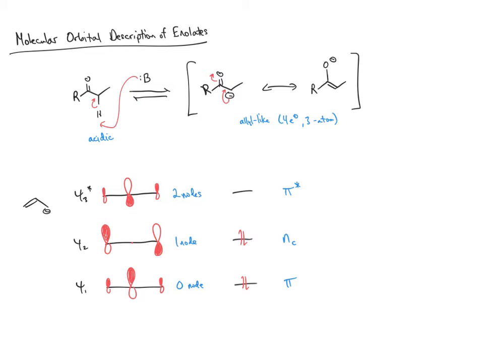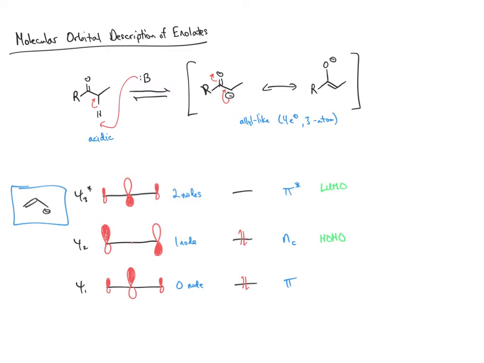And by analogy, this is the HOMO because it's the highest occupied molecular orbital, and the pi star is the LUMO because it's the lowest unoccupied molecular orbital. And so this is the molecular orbital description for the allyl system.